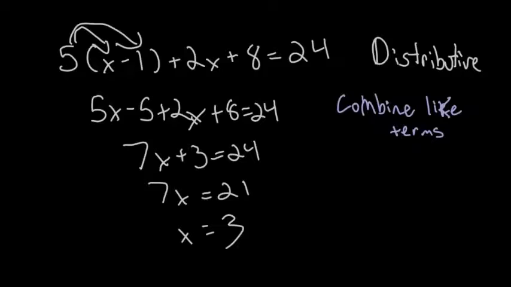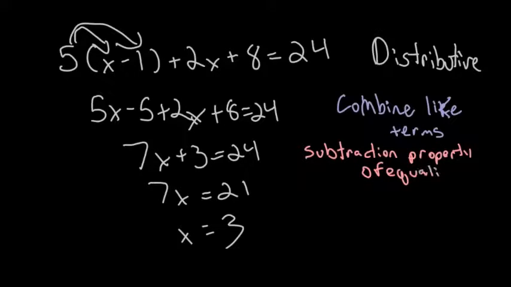So that is the subtraction property. And a lot of times what you'll see is the subtraction property of equality. Next, we have 7x equals 21, and we turn it into x equals 3. So we divided there to get that. So that's the division property of equality.